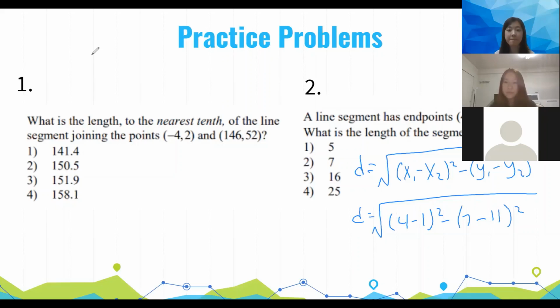Yeah. Is it 3? Check if you plugged in the numbers correctly, because it's not 3. It should be one of these answer choices.